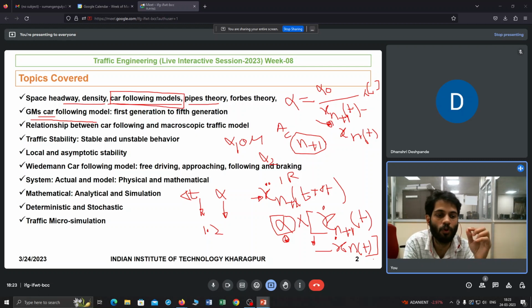Depending on the value of the space headway, it calculates this, and it uses a constant alpha 0 value. They developed it by seeing how the alpha value changes based on the space headway, and what remaining value you need to adjust to get your actual alpha value. So they multiplied or divided alpha so that it matches the actual values. That is called the constant factor. It's a dimensionless quantity, a constant. So this is the third generation model.